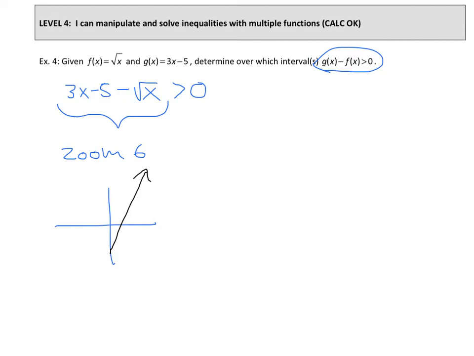So when does it have positive y values, or when is it up above the x-axis? This particular graph is up above the x-axis from its x-intercept right here, and then moving to the right.